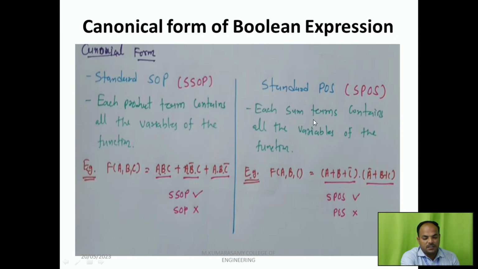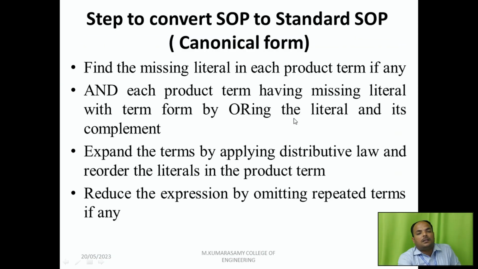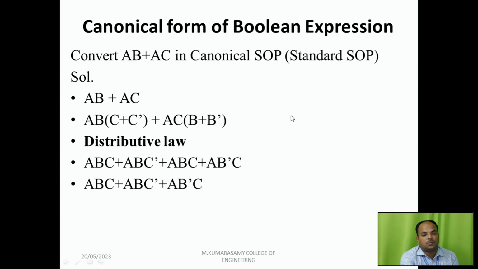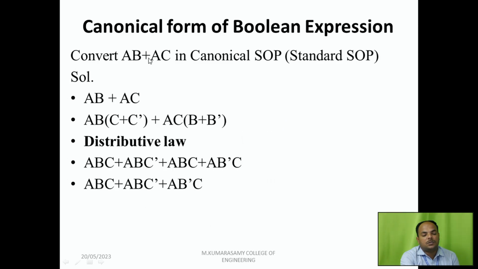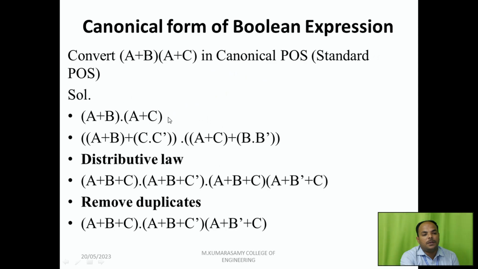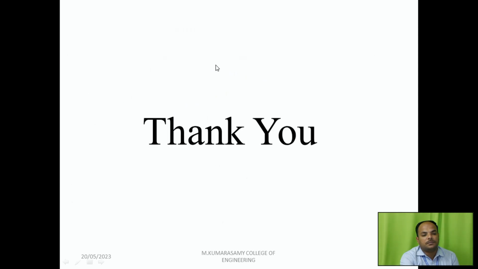So this is the difference between normal and canonical form: normal SOP and POS, and canonical form of POS and SOP. These are the example problems. One is converting SOP into canonical form, and another is converting POS into canonical POS. Thank you.